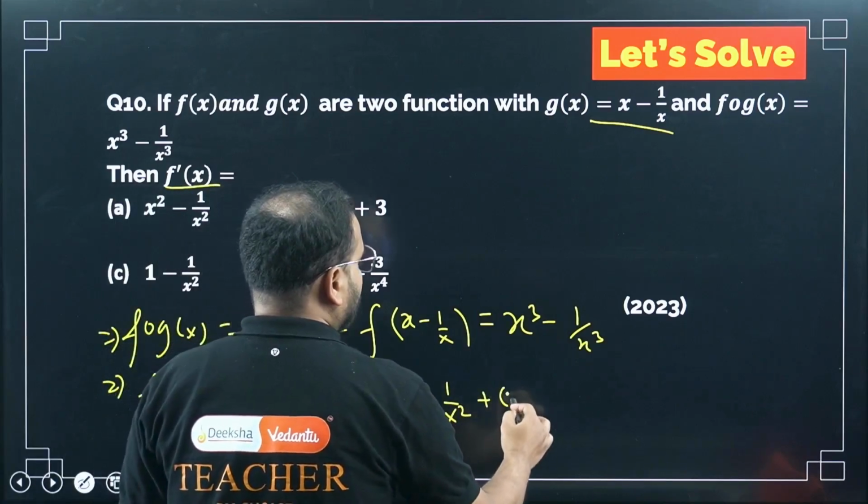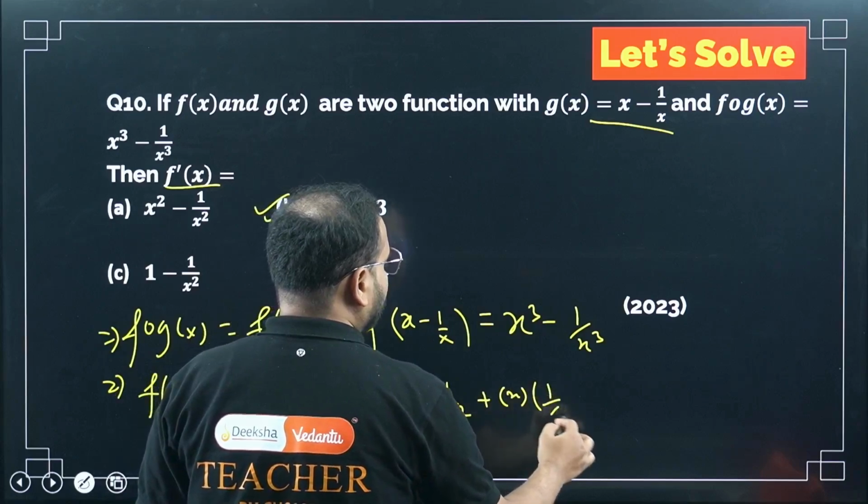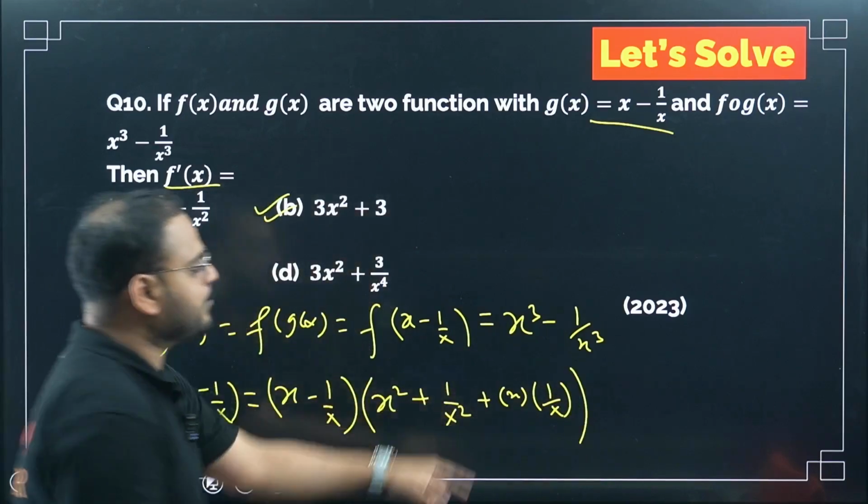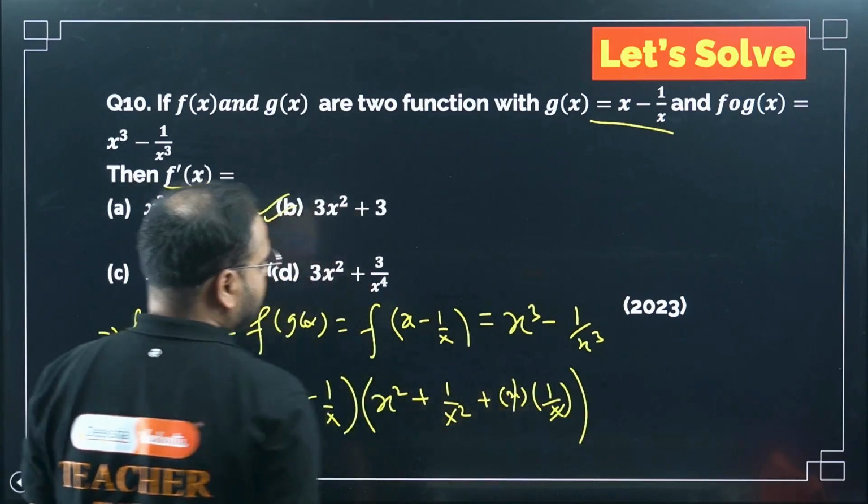So plus x times 1 by x. Yes or no? a minus b, a square, b square plus ab. x and x cancel out. What do I have left now?